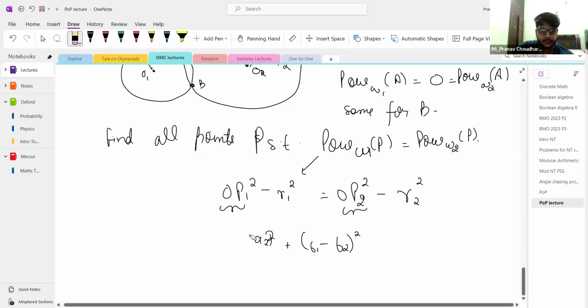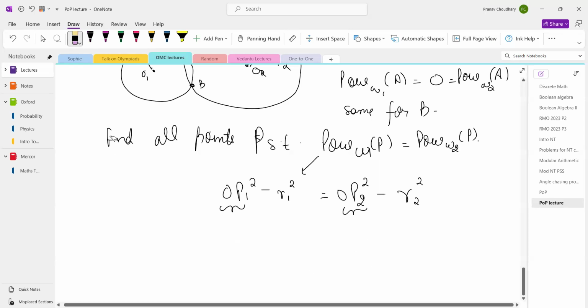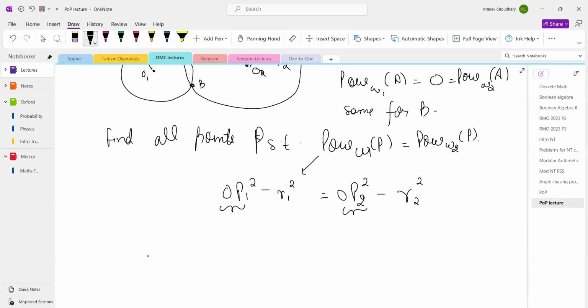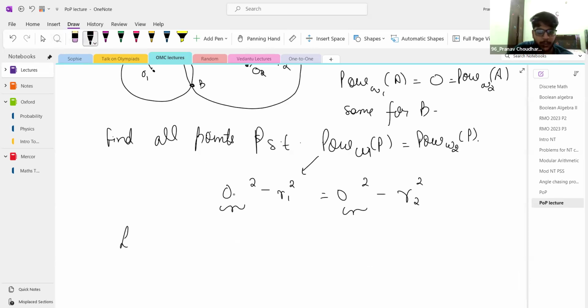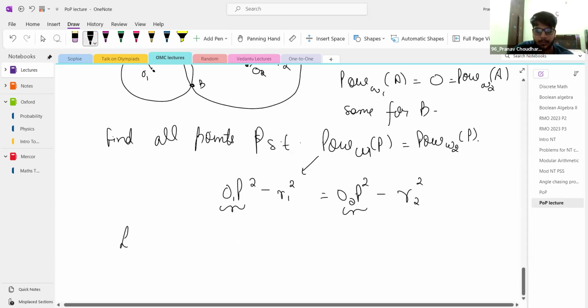So what I'll do is, a very naive way to do this would be, okay, sorry, I wrote this wrong. Bad that nobody pointed it out. It should be O1P and O2P. So let O1 be, let's say, some (A, B), O2 be some (C, D), and P be some (X, Y). This is a very bad way of doing this.